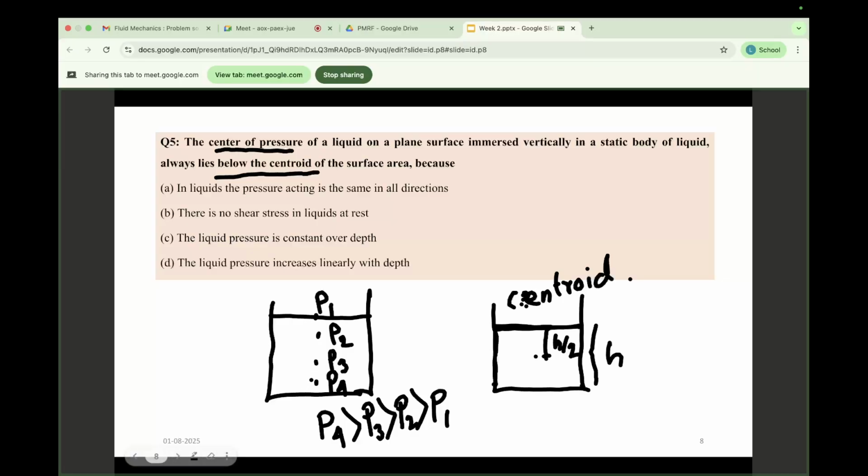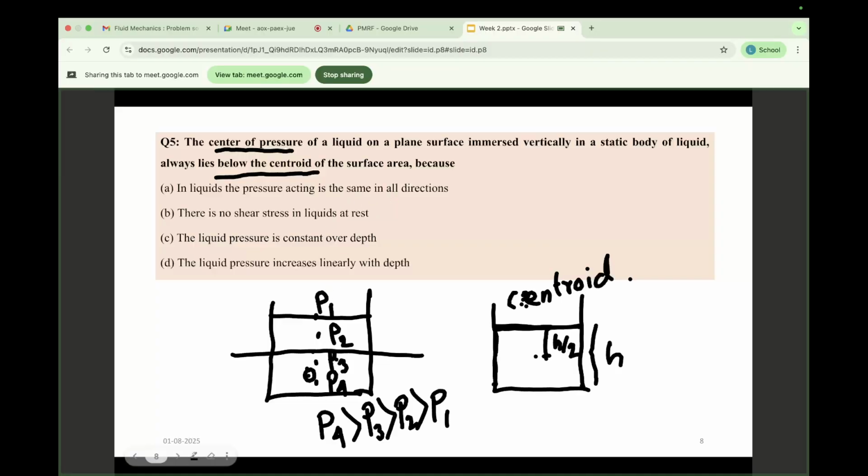If I take this average, this average point will come toward the bottom, right? It should not be the center, because if this is the center line, the total of the pressure above this line is less, whereas the total of the pressure below this line is more. So the shifting of this center of pressure should be toward the bottom side.